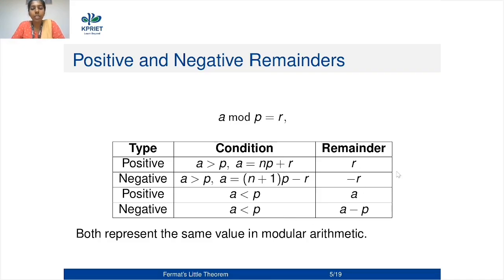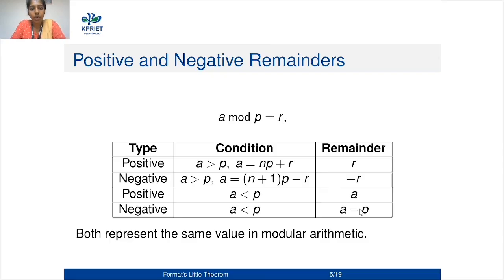In this video we are going to solve 2 problems, and for those 2 problems I am going to teach you how to find the remainder in both positive as well as negative form, and I will show you that even though I have both positive and negative remainders, my final answer is the same. I will teach you 2 different methods, one with a positive remainder and another with a negative remainder, and finally we will be getting the same answer.